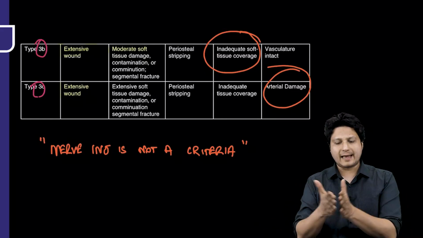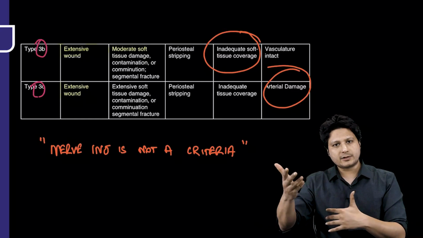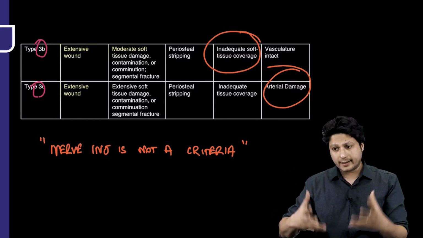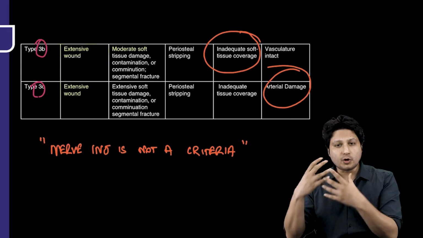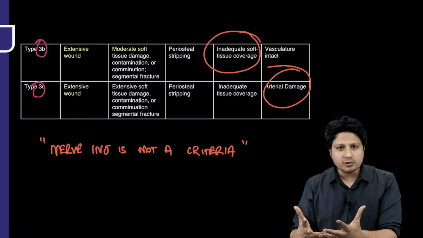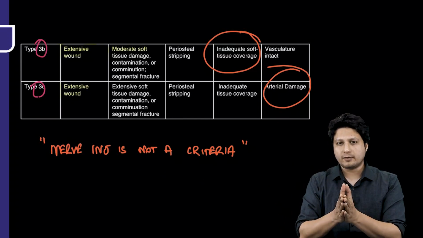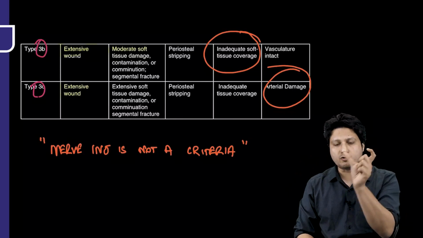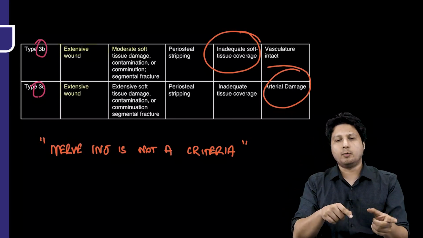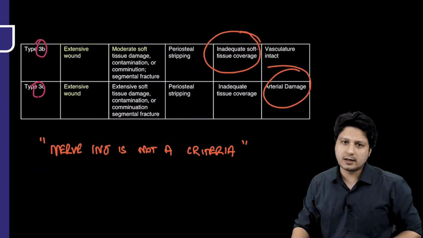They will give you the mechanism of injury in the options. Greater the mechanism, higher the velocity of trauma, greater the chances of soft tissue damage, so that will be a criterion. They can give you periosteal cover, comminution, the pattern of fracture, or arterial damage in the options. But if nerve is provided in the options, that will be the answer: nerve injury is not a criterion for classifying open injuries or open fractures according to the Gustilo-Anderson system of classification.